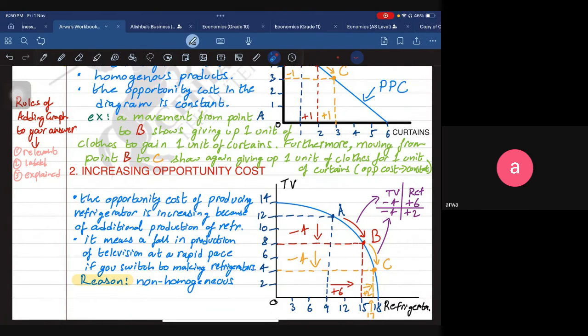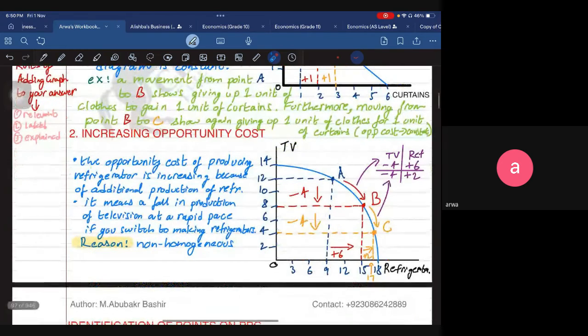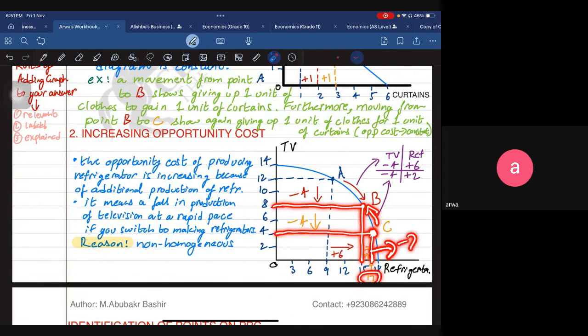If you look at from here, let's suppose this is the point, so this is 17 and this is 4, right? So you move from point C to B. At this point, you are basically losing -2 here and gaining +4 here.